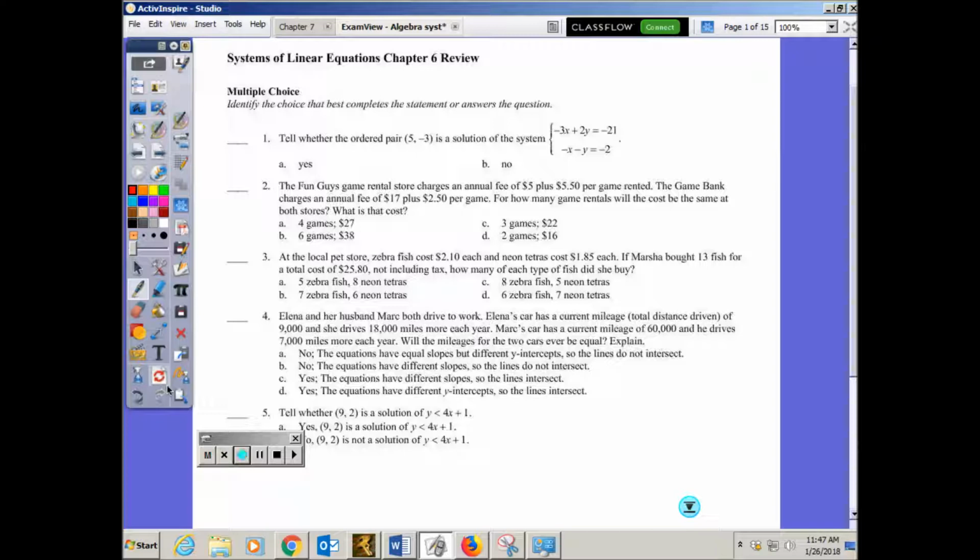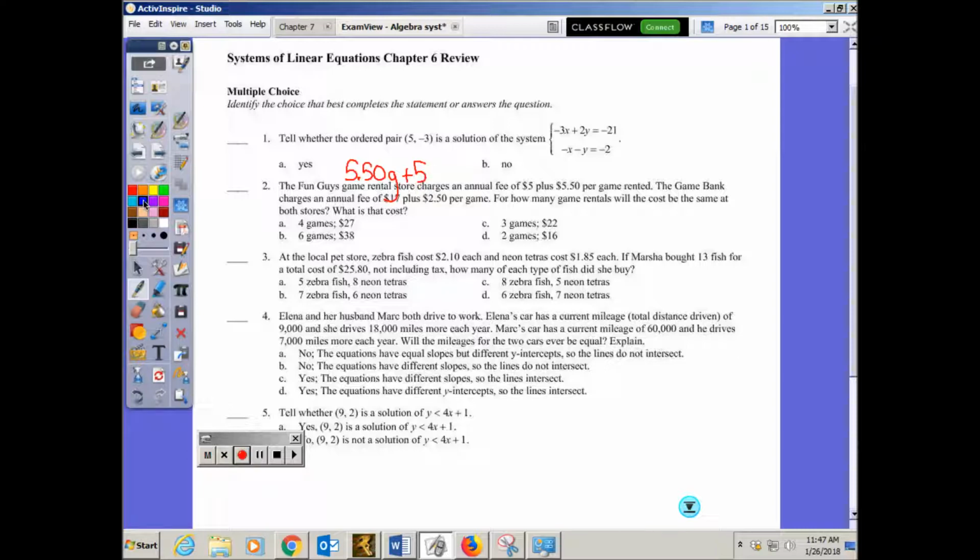Figure out what's your multiplication or division and what's your addition or subtraction. So Kaylee, tell me what's my multiplication or division here? What keeps happening over and over again? The 5.50. That's my multiplication. So I do the multiplication, then a variable. I'm going to use G for games. And they charge a $5 fee. That's Fun Guys.